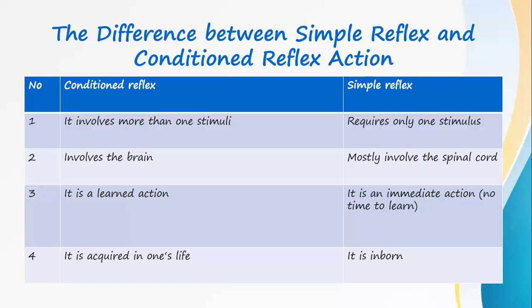So the individual just learns it, while the simple reflex action is an immediate action. This means that there's no time to learn. And last but not least, the conditioned reflex action is acquired in one's life, whereas the simple reflex action is inborn. It cannot be obtained naturally, but the simple reflex is inborn. This means that it is the natural instinct of an organism.